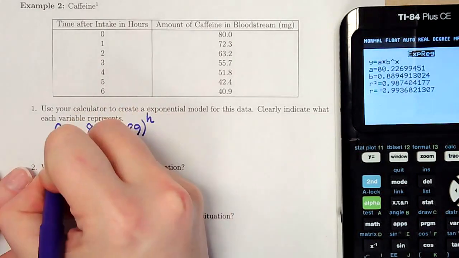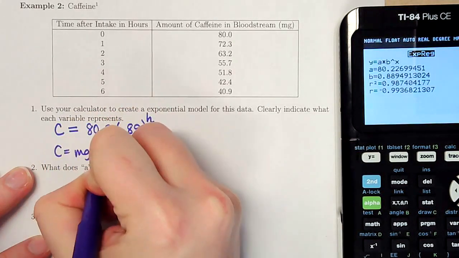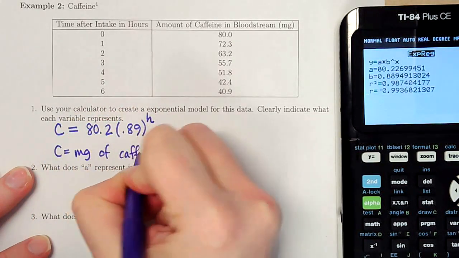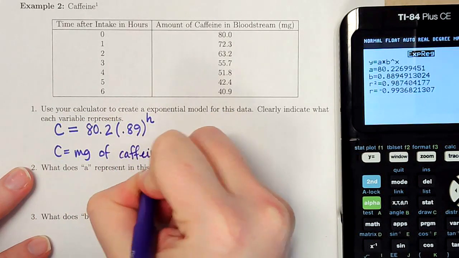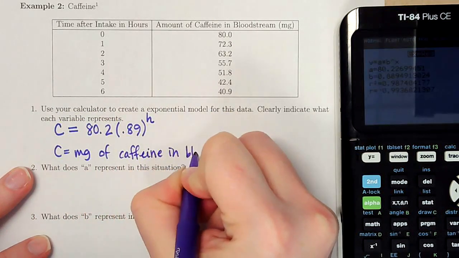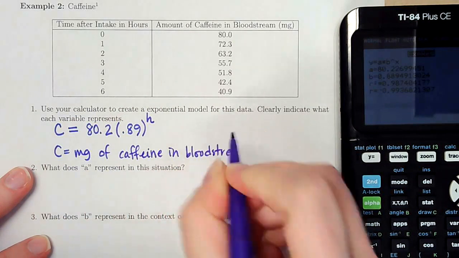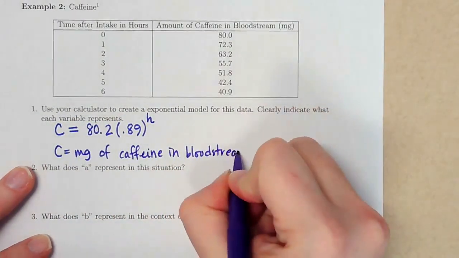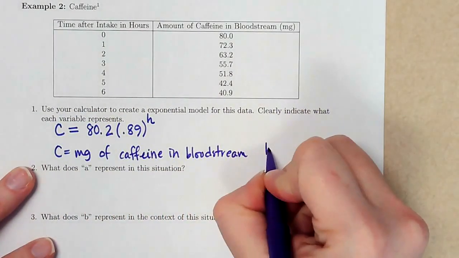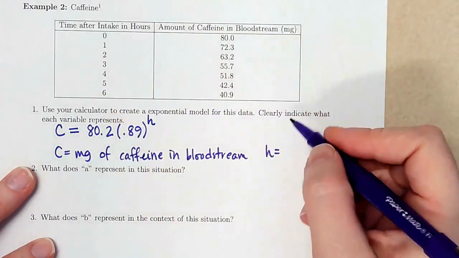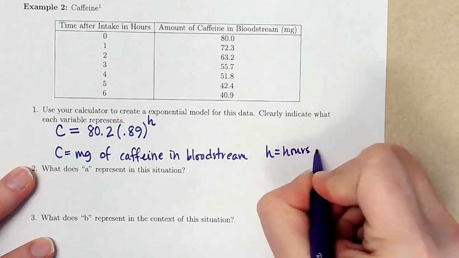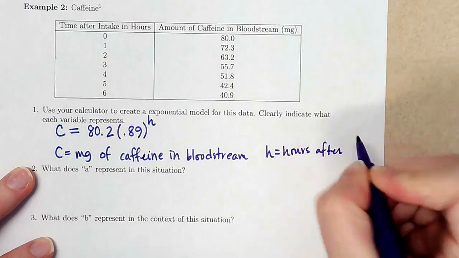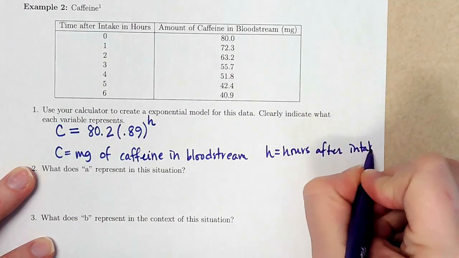So let's see, C equals milligrams of caffeine in bloodstream, and H equals hours after intake, consumption, or whatever.